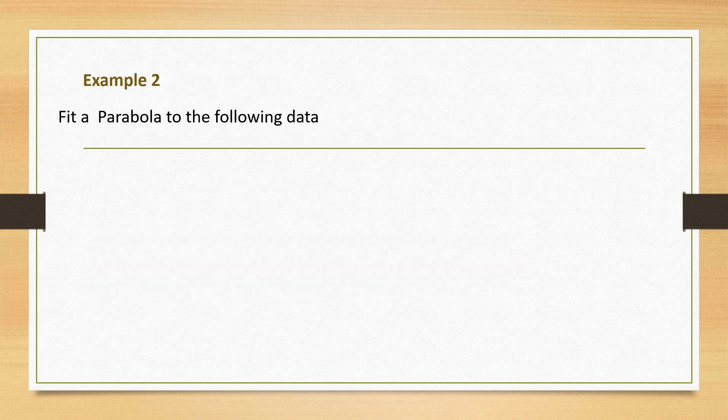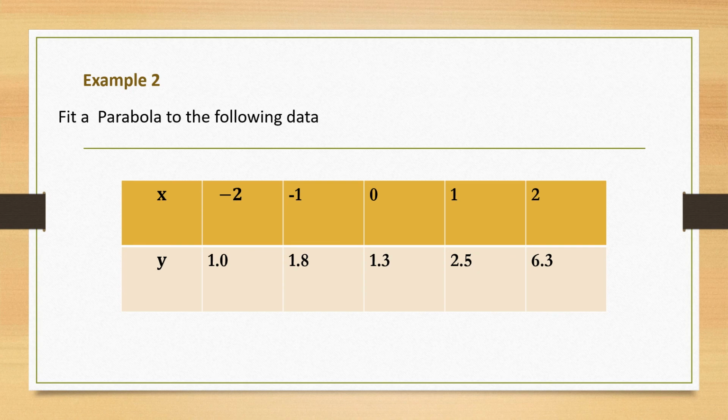Second problem, fit a parabola to the following data. Again, we have 5 data given here. X takes the values -2, -1, 0, 1 and 2, and Y takes the values 1, 1.8, 1.3, 2.5 and 6.3. So we are having 5 set of values. So n value is equal to 5.